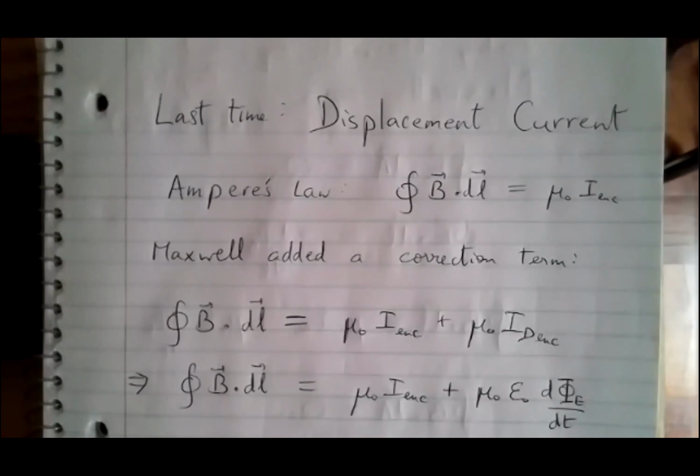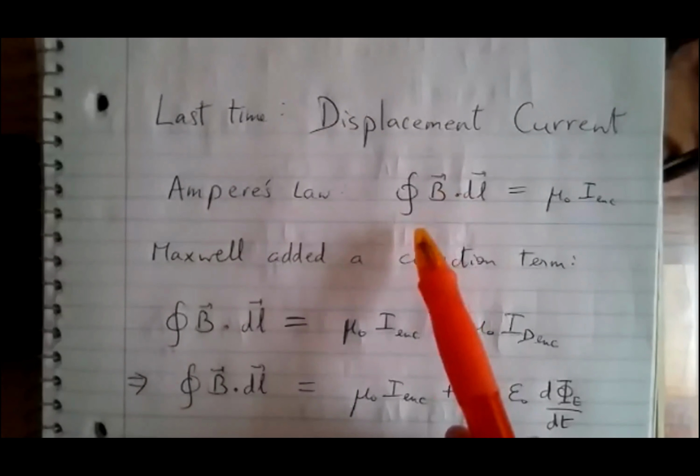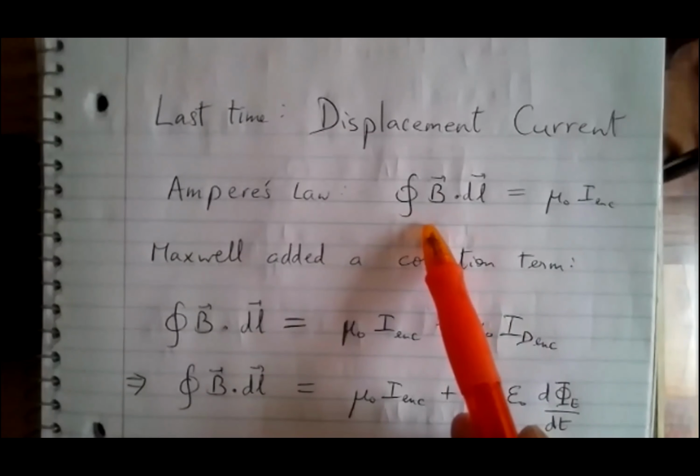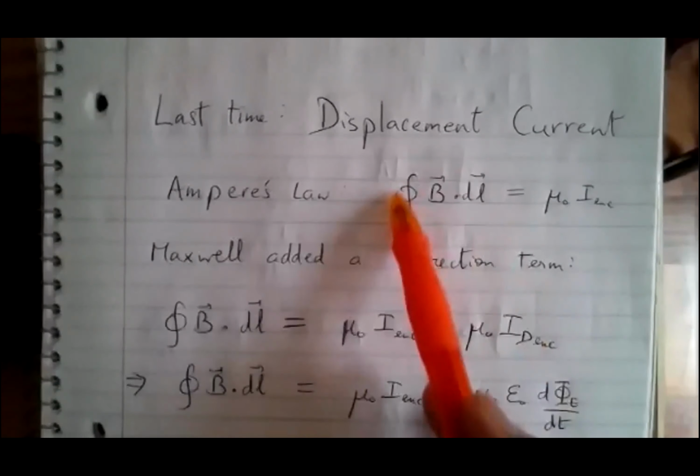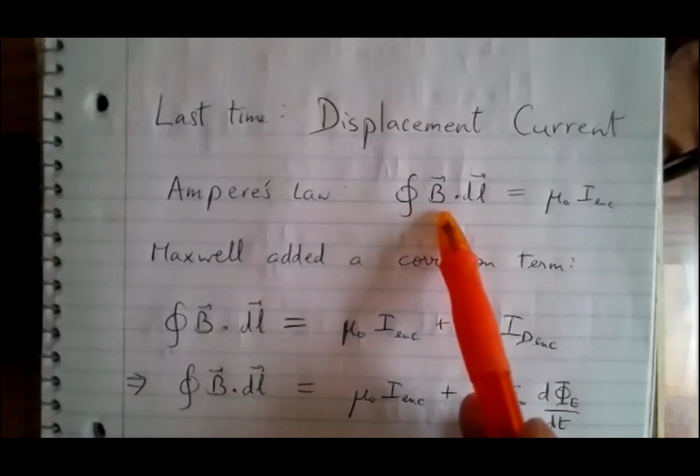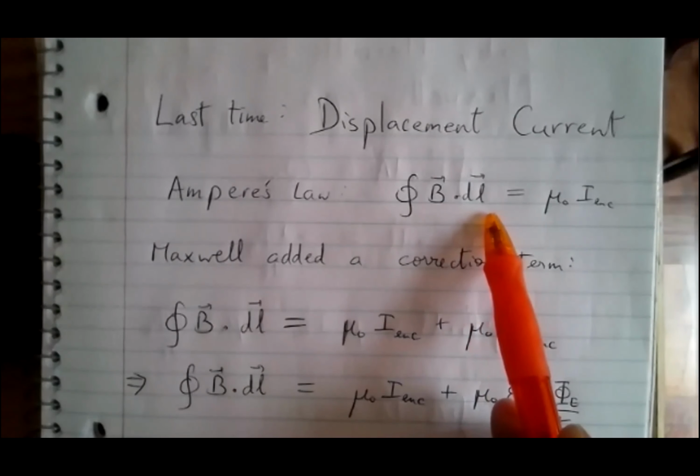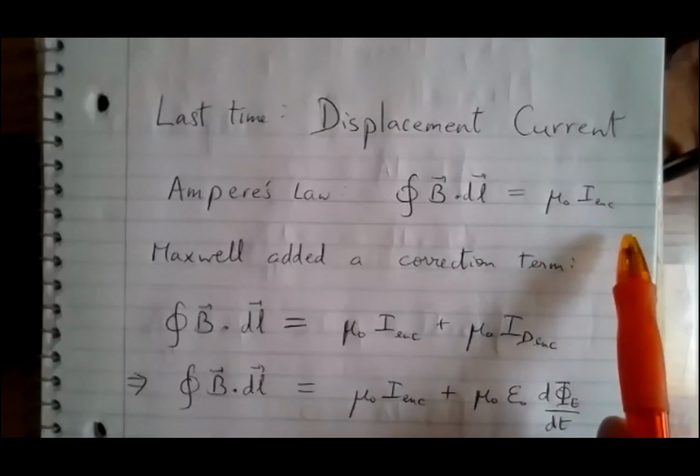Okay, so last time we were talking about the displacement current. Let me just recap briefly some of the things we talked about. We knew Ampere's law, which related the circulation of the B field, its integral along a closed loop, to the current enclosed.